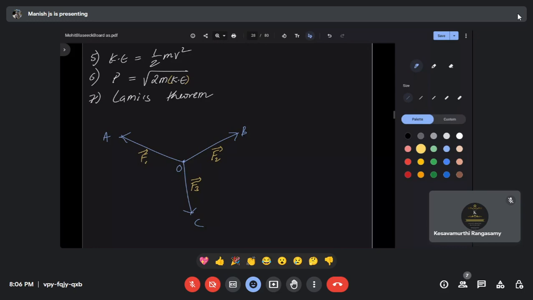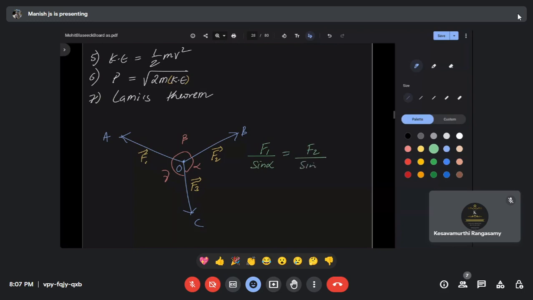Let's take the angles between them as alpha, beta, and gamma. So we have a relation between the forces, given by the theorem of Lami, which says F1 upon sine alpha, where alpha is the angle opposite to it. So F1 upon sine alpha is equal to F2 upon sine.